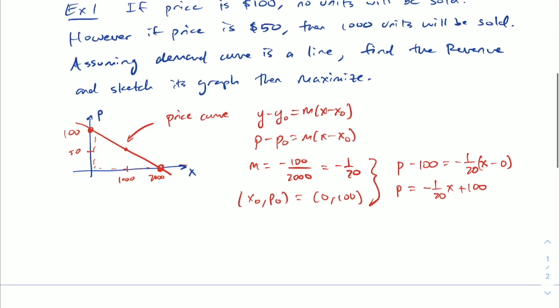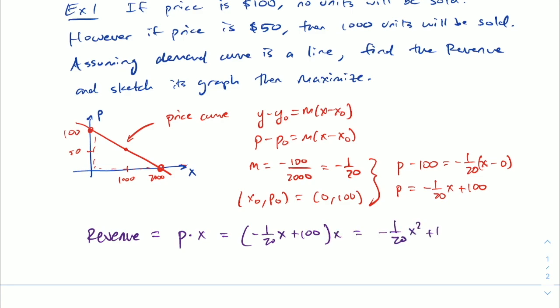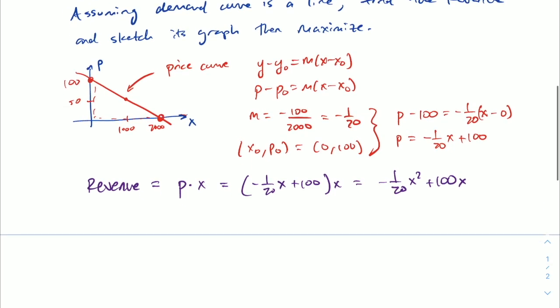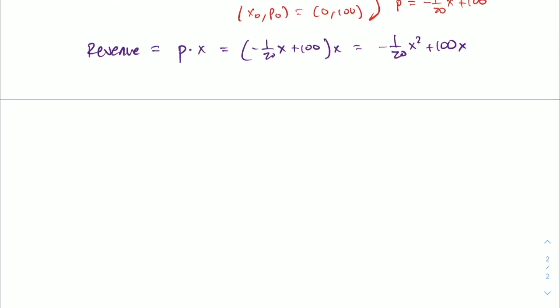Okay, so now we can do our revenue. Our revenue is going to be price times quantity, or negative 1 over 20x plus 100 times x, which is negative 1 over 20x squared plus 100x. Let's graph this revenue. So it has a 0 at 2,000. And it has a 0 at 0, like so.